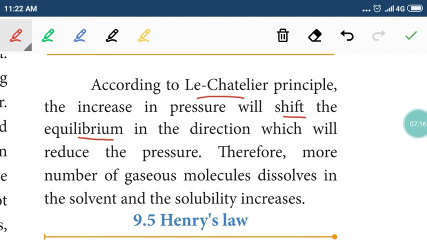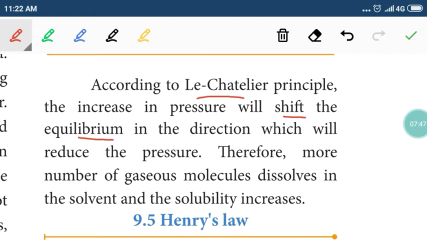If there is more pressure on the left hand side, the equilibrium will be shifted towards the right hand side, the side having low pressure. During dissolution, if we increase the pressure, the reactant side pressure will be more and the product side pressure less, so the equilibrium shifts towards the forward side to equate the pressure on both sides.